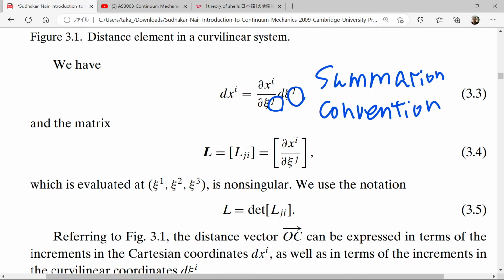And the matrix L, meaning L_ji, partial x_i over partial xi_j, which is evaluated at a specific point xi1, xi2, xi3, is non-singular.